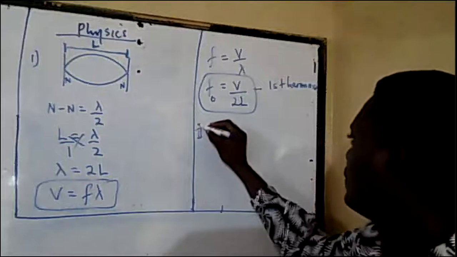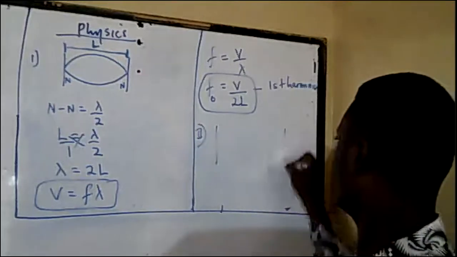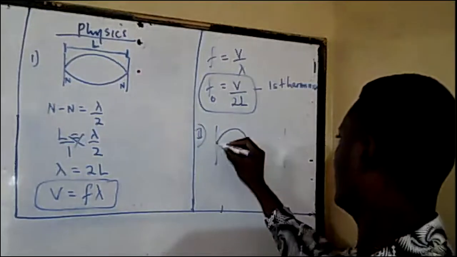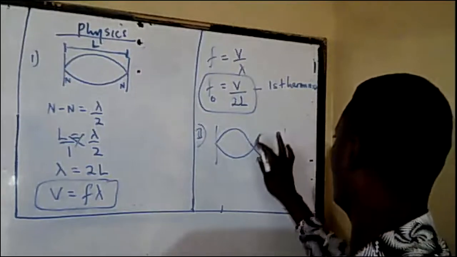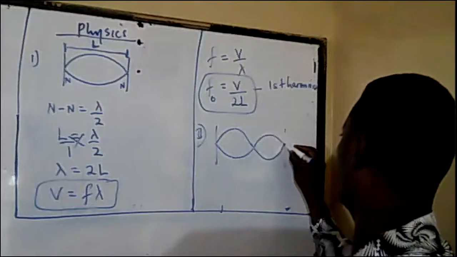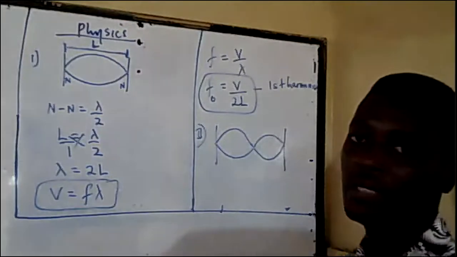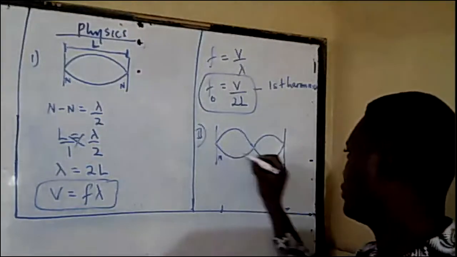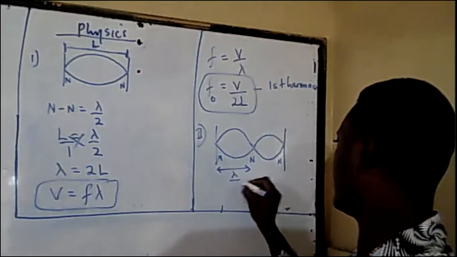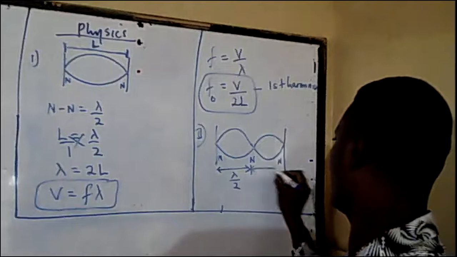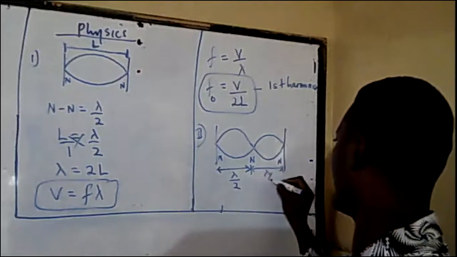Okay. Now, what if we have two loops? So let's take a look at two loops. We have node, node, node. So from node to node, lambda over 2. From this node to the next node again, lambda over 2.